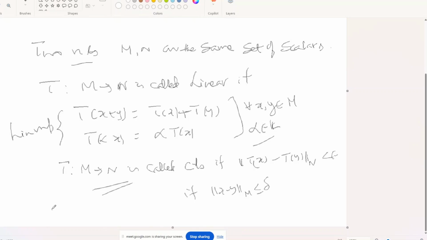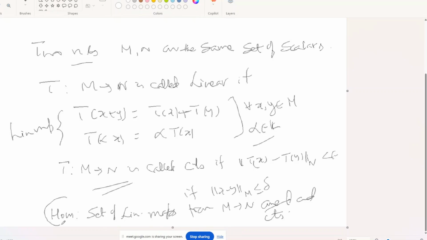So this Hom, what we actually mean is the set of all linear maps from M to N that are linear and continuous.